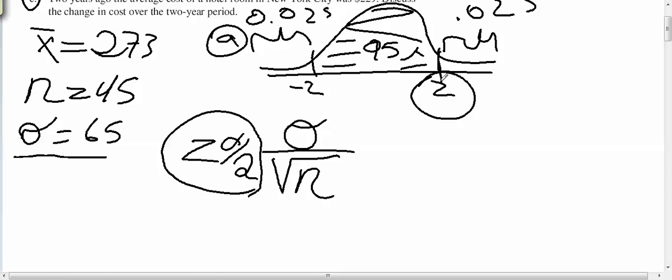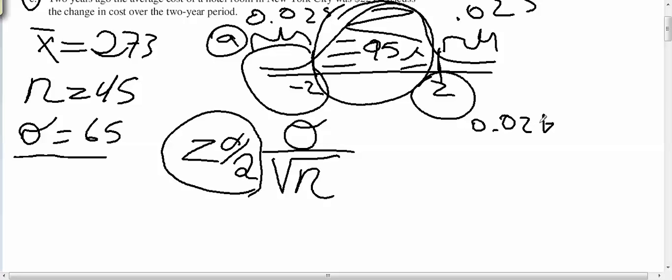Well, think about it for a second. The area of this piece right here is 0.95. If you add this little portion, which is 0.025, you're gonna get the cumulative measure of 0.95 plus 0.025, which will add up to 0.975.